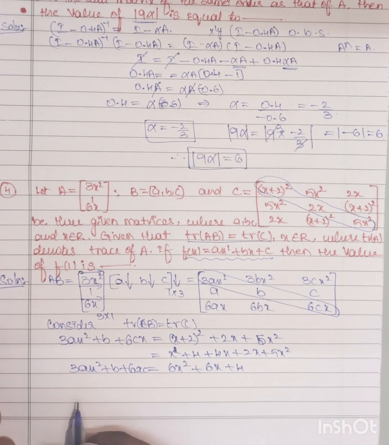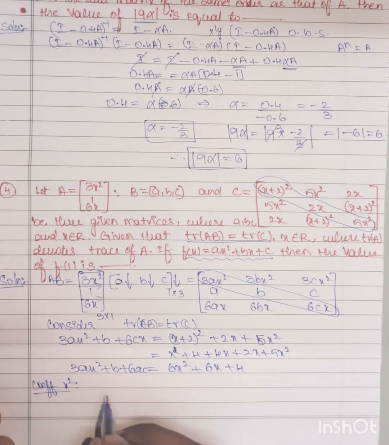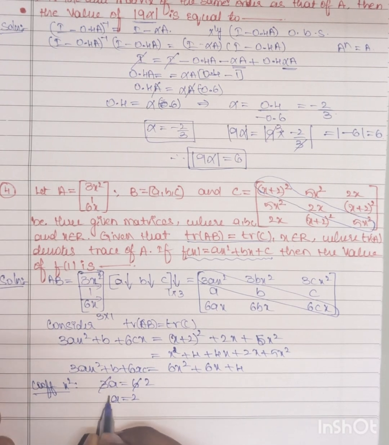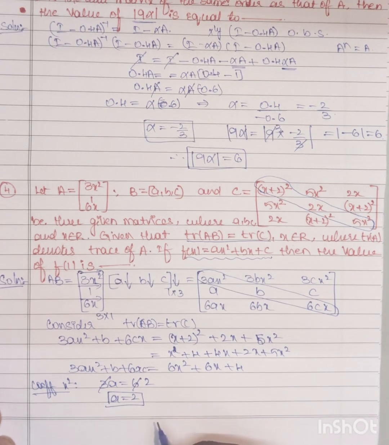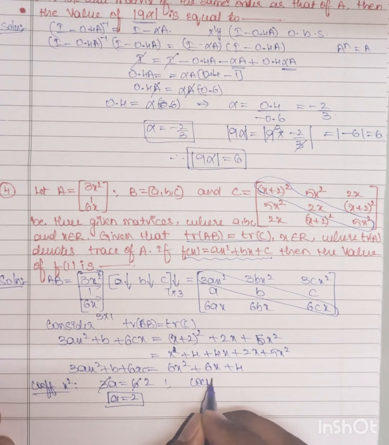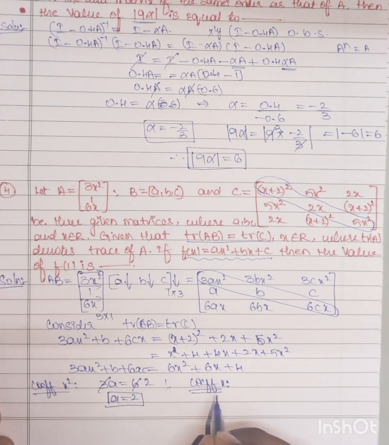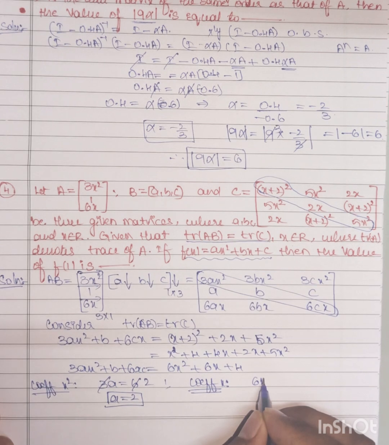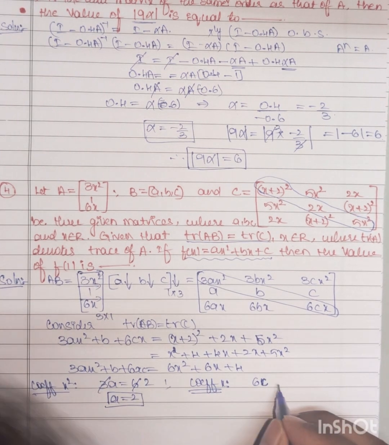When we equate the like terms, what are the coefficients of x² on both sides? 3a is equal to 6. When we simplify this, value of a becomes 2. Now when I compare the coefficients of x on both sides, 6c is equal to 6.